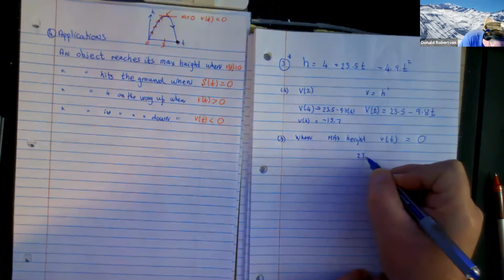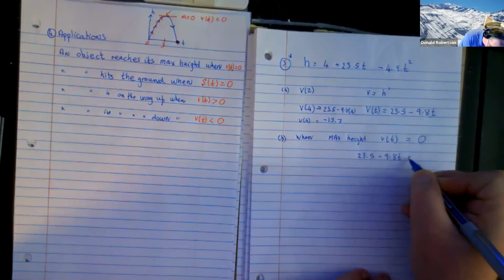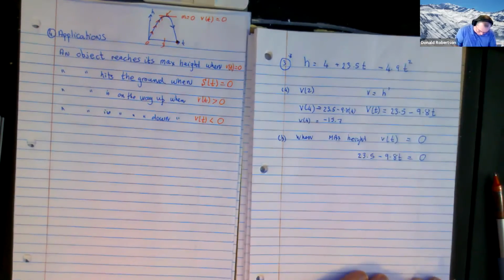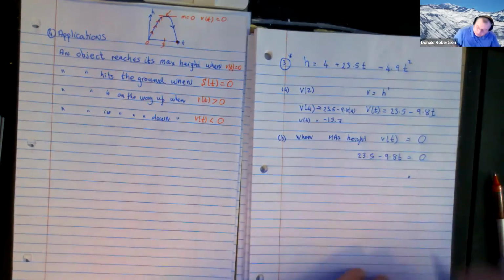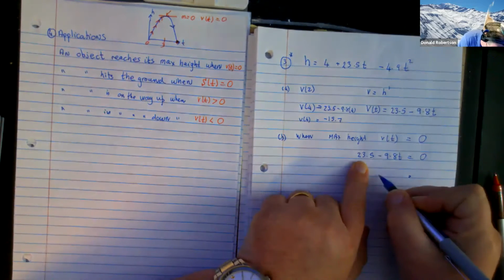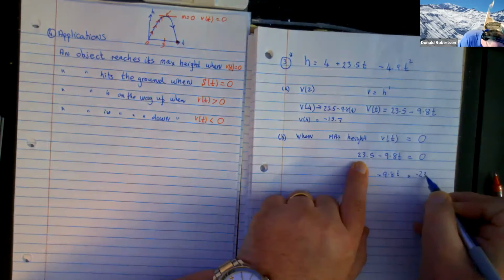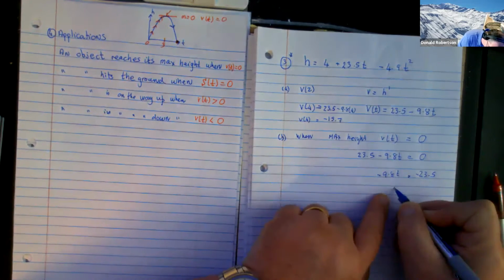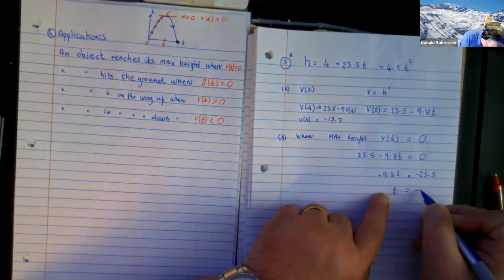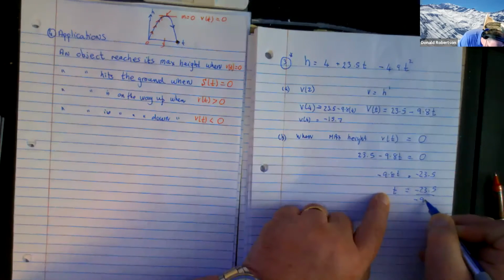And even though the numbers are not pretty, the math is pretty much the same, even if they were nice. So what you would do to solve this equation, well, as long as you do it to both sides, it's okay. So how about subtracting 23.5 from both sides and then dividing both sides by negative 9.8.